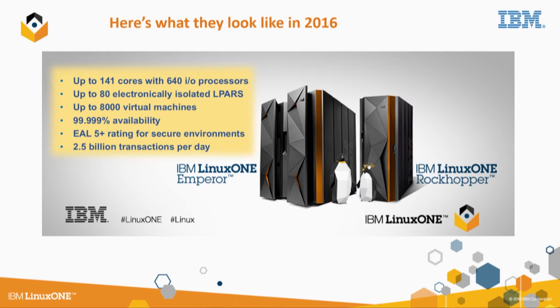99.999% reliability. And what that really means is that some of our customers who have had Z and the predecessor mainframes for decades have never had any downtime. They have never had to reboot their computer, okay? It's always been up. And that's why we call it Z, because Z stands for zero downtime.